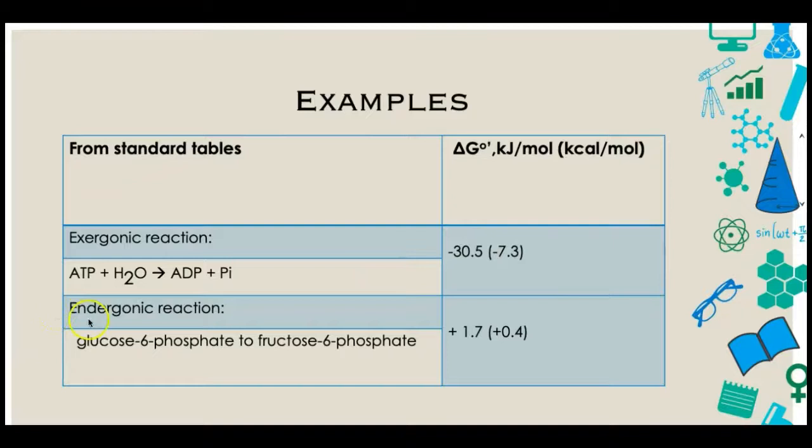For the endergonic reaction, glucose 6-phosphate to fructose 6-phosphate, the standard energy change is positive 1.7 kilojoules per mole, which means it is positive and it is non-spontaneous.